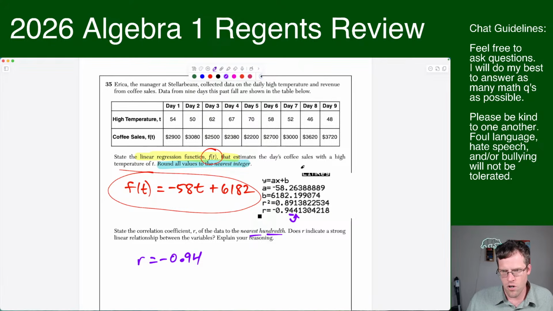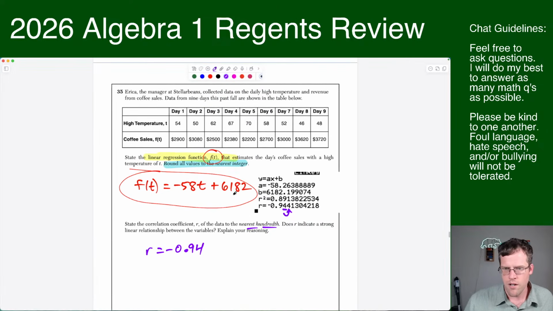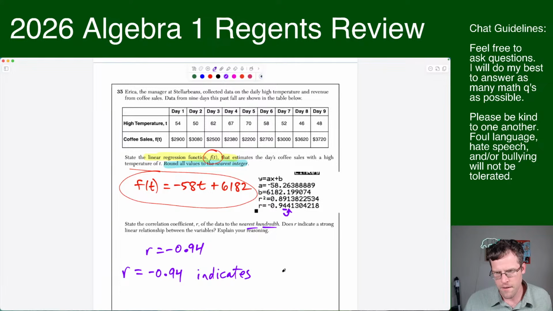But now, does R indicate a strong linear relationship? Yes. I would say R equals negative 0.94 indicates, I'm just using their language, a strong linear relationship. Why?